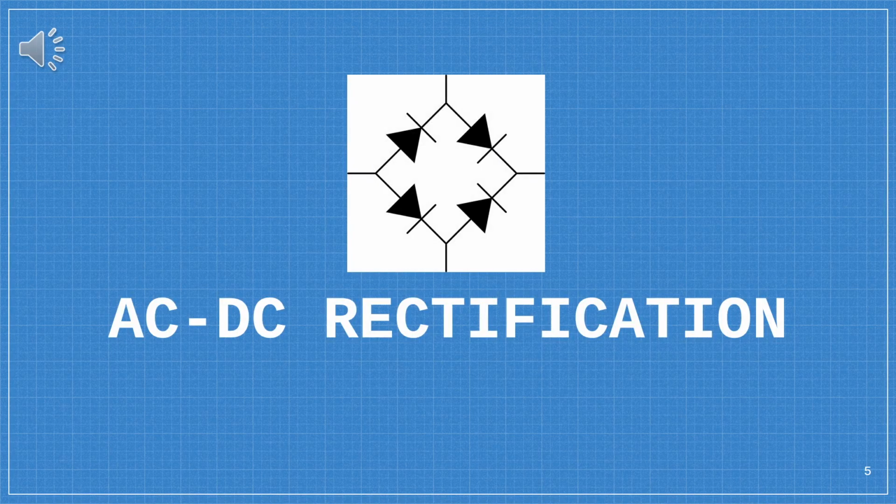So we'll begin with a short discussion about AC to DC rectification, and we will soon learn why it is an important part when it comes to understanding the circuitry that goes into designing DC motor drives such as those that are utilized in industrial applications.